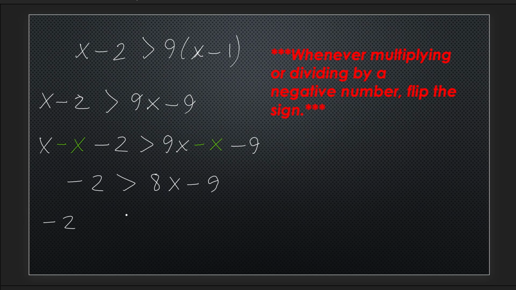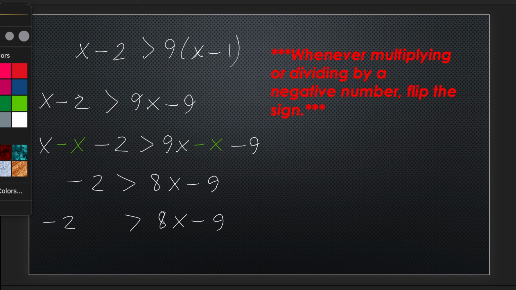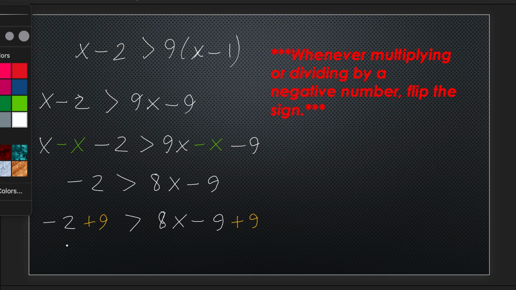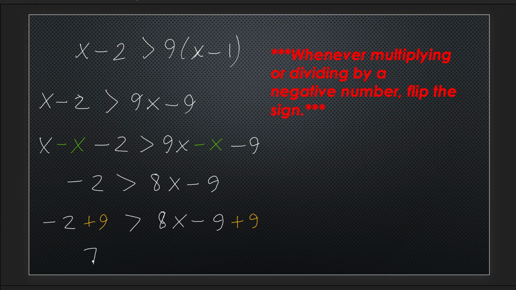So I'm going to make that negative 9 disappear from the right side and appear on the left side. If I add 9, that'll make 0 on this side. So negative 2 plus 9, that's a 7, greater than 8x.